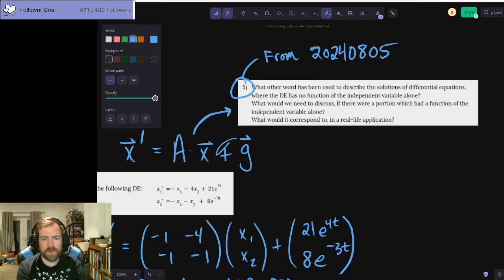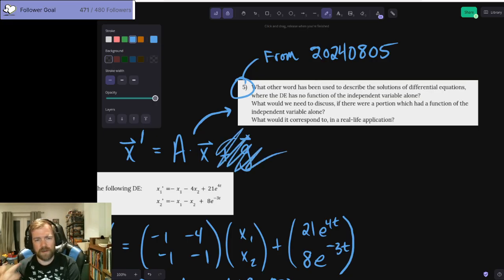And so that was when we just had x prime is equal to Ax in terms of these vectors. Then we were saying that this is going to be homogeneous solutions. So in terms of physical examples, exactly what you were saying, this is going to be stuff like spring mass examples. There's a whole bunch, but those are the most popular and probably the easiest to demonstrate.